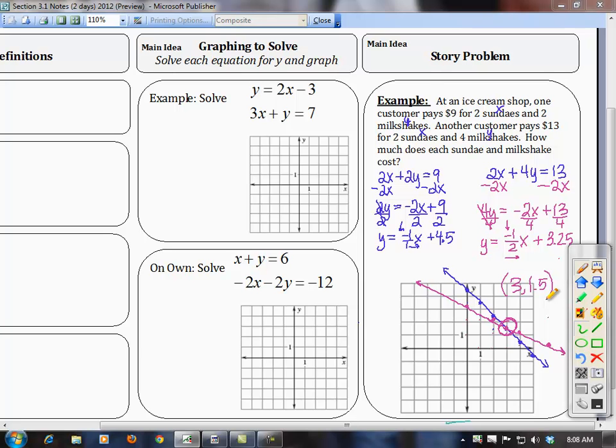Now, the more accurate your graph is, the better your answer ends up being. But what it looks like is that it costs $3 for a sundae and $1.50 for a milkshake.